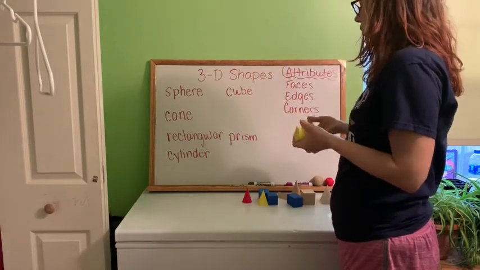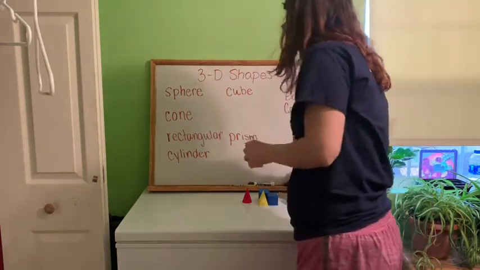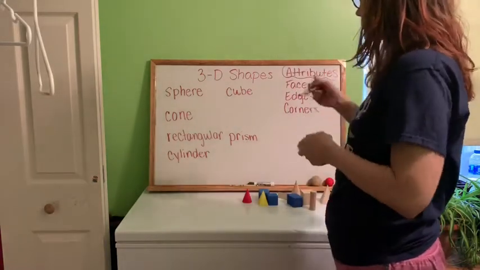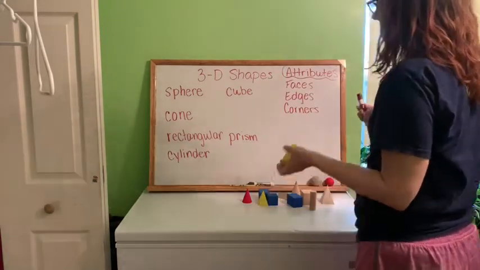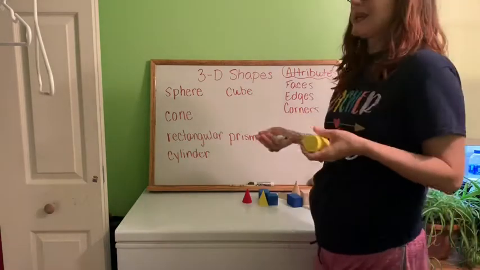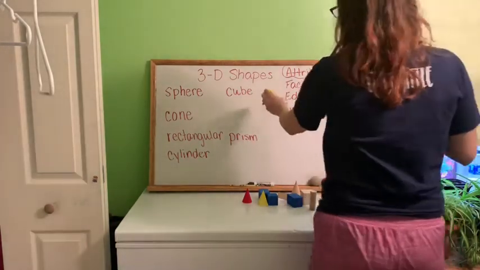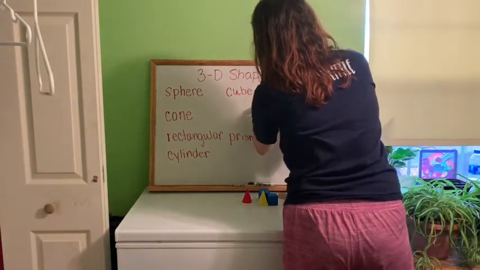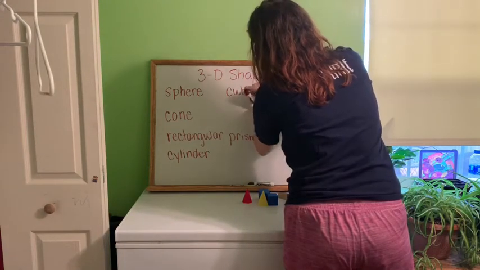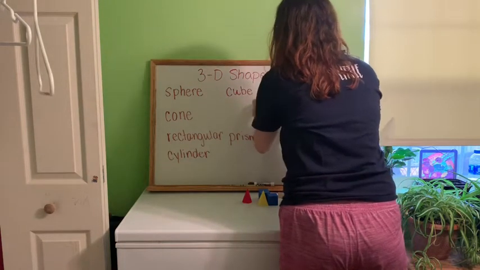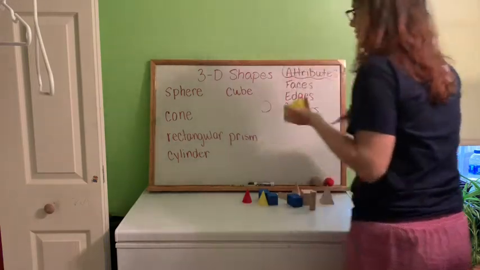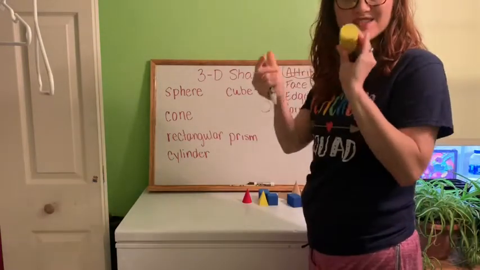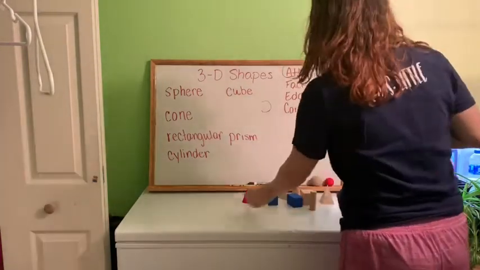And if you have art paper or construction paper, they can use those objects. So if they go and get a can of soup, you can have them put that on paper and trace around and model and show what 2D shape is the face on those 3D shapes.